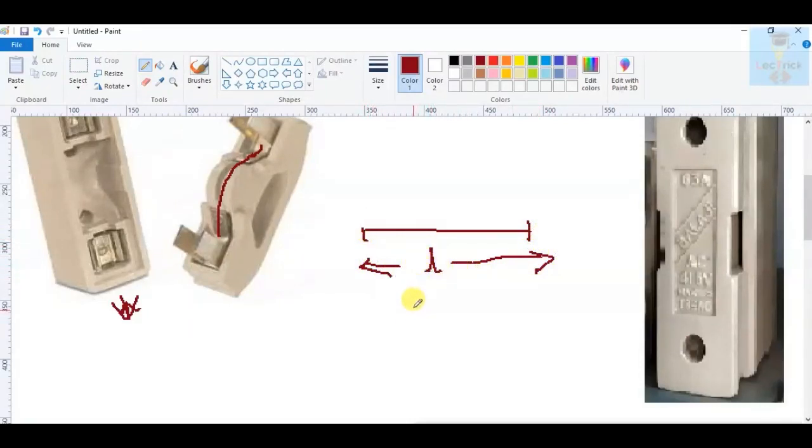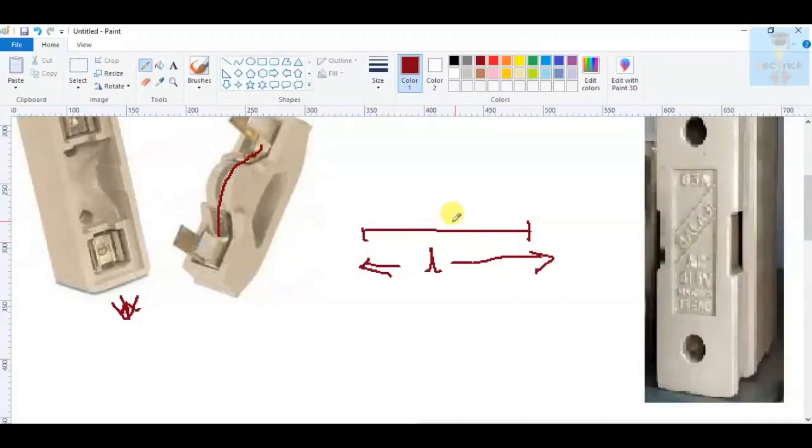When there is a very small distance between the two points, even if the wire breaks, at higher voltage the electric field may be more than the dielectric strength.